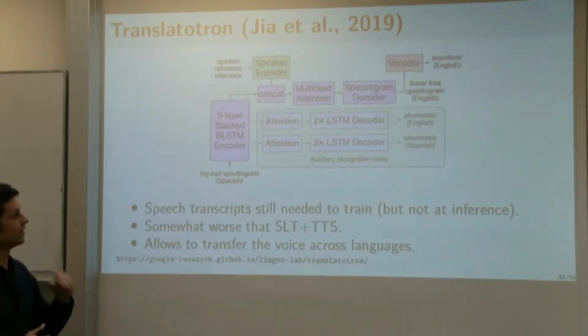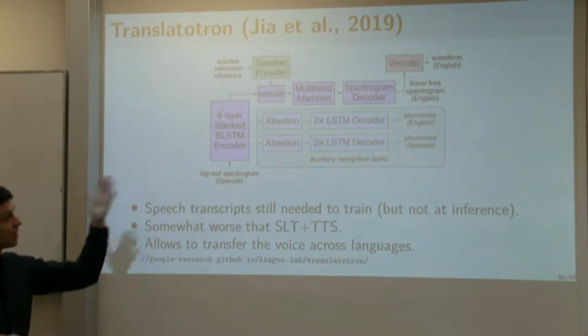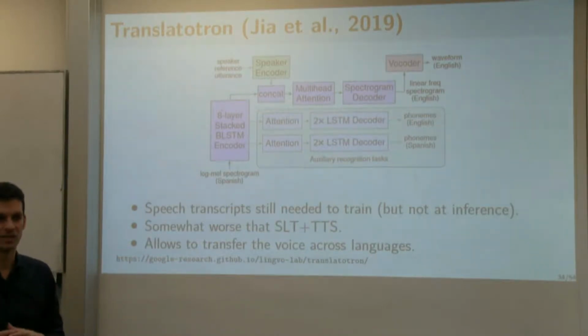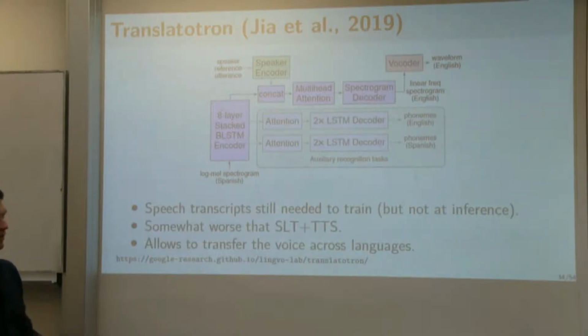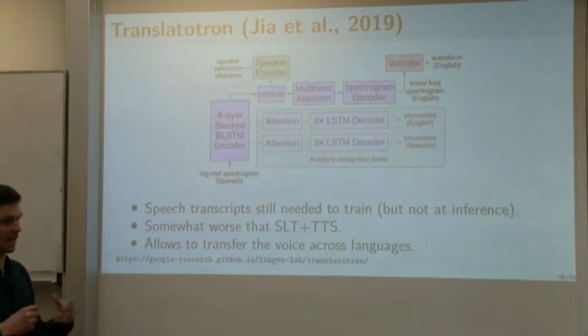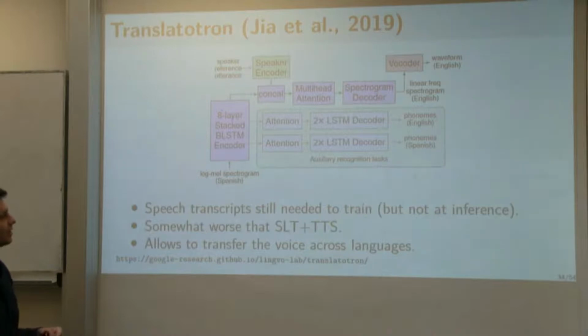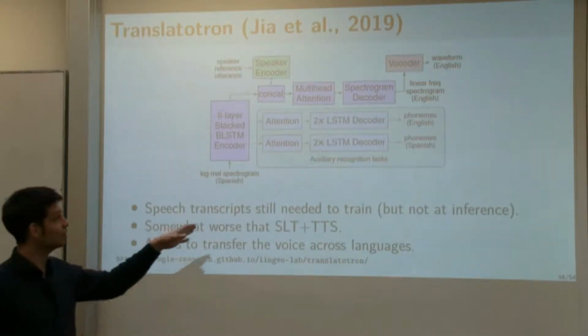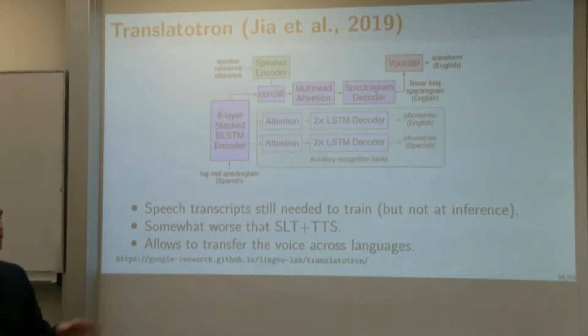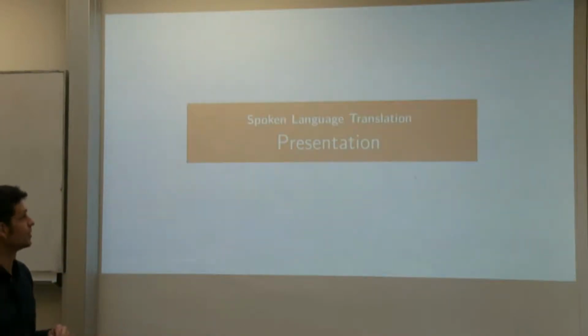So it operates like with full ambiguity at the level of phonemes, and you can hear words from the system which are not words, but only close to some words. So it is truly end to end. And it has the capacity of preserving the voice characteristics and also all the nonverbal aspects of that speech. And it's still somewhat worse than the combination of the spoken language translation and text-to-speech.